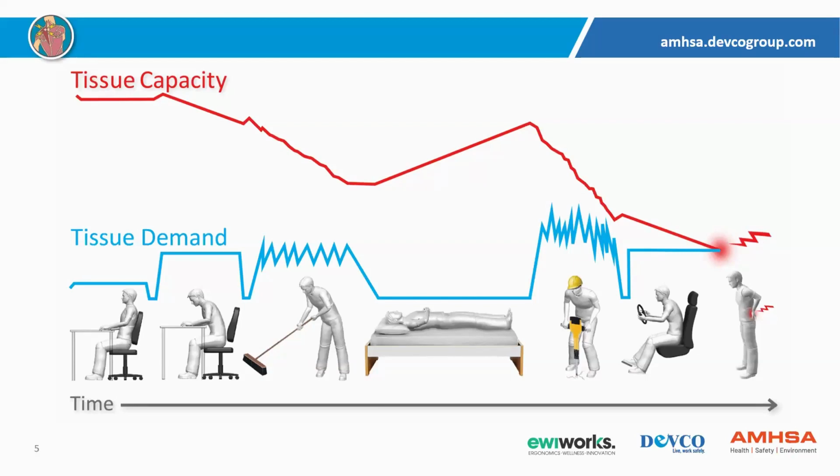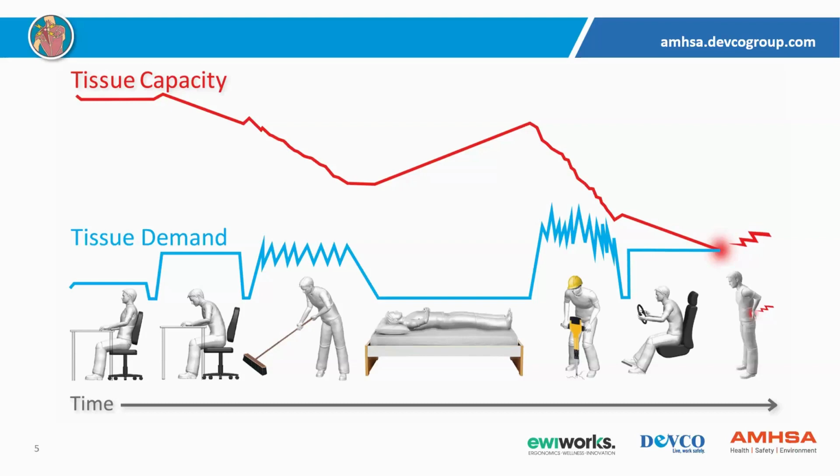You can see if you're sitting up in a good posture, not a whole lot of demand. If we're leaning forward, we're into a little bit more of an awkward posture, higher demand on some of those tissues. If we do something whole body, like sweeping or raking, the amount of demand varies, but it's certainly higher. As you can see here, without any breaks, our tissue's capacity is decreasing over time.